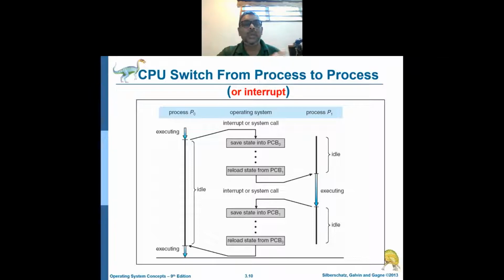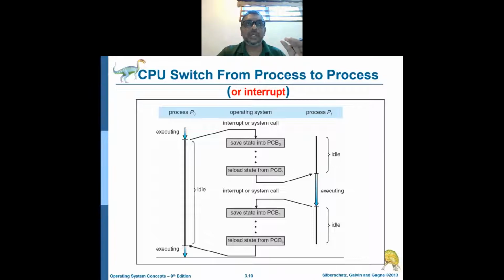There is something called an interrupt that switches the process from Word to PowerPoint. An interrupt happens.